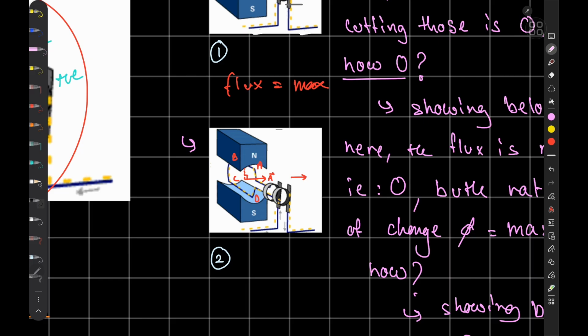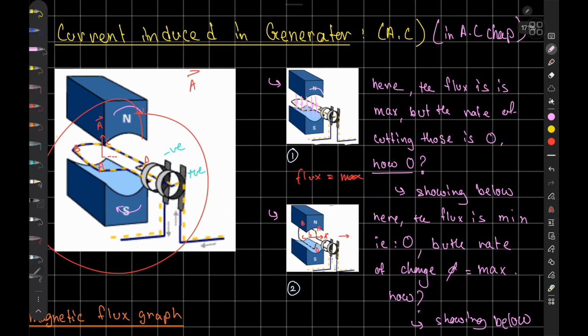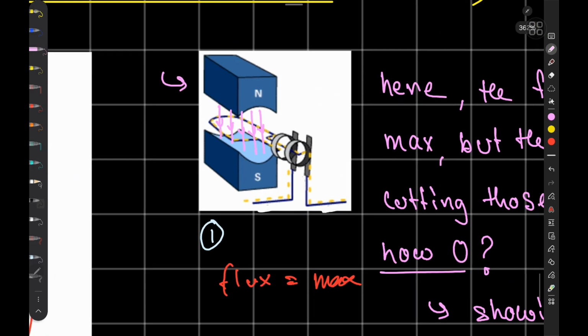So it goes from 0 to a certain value. In comparison, over here, it already has most of the flux going through it, and even if it instantaneously just moves a bit up, that is, a bit clockwise, the flux change is not really as much, which is why you see the EMF induced being 0 over here.